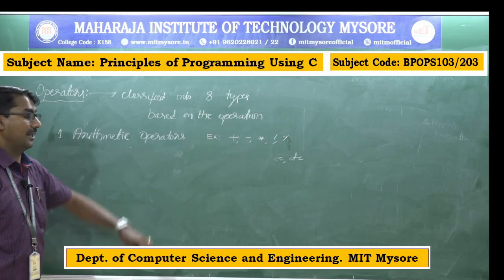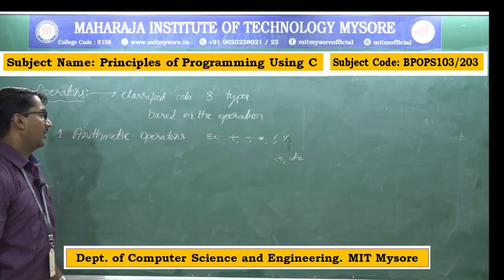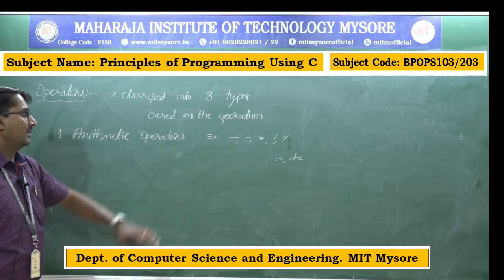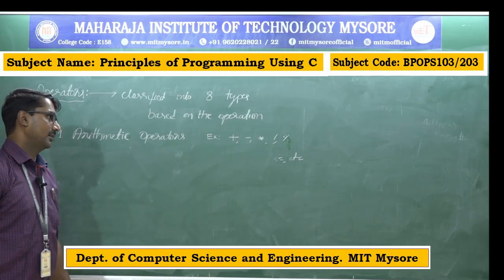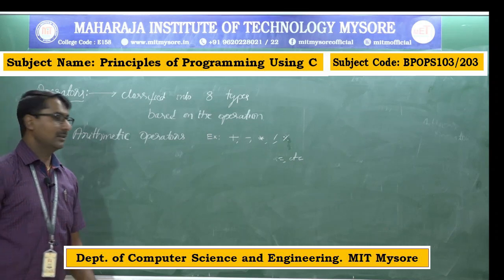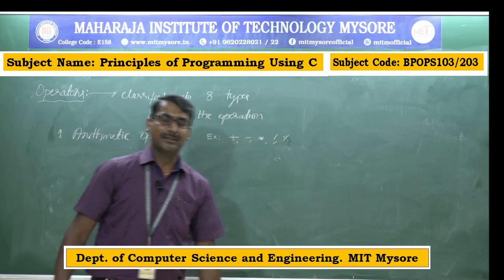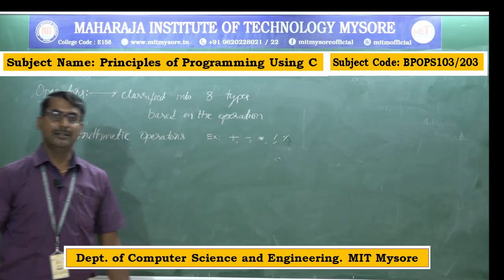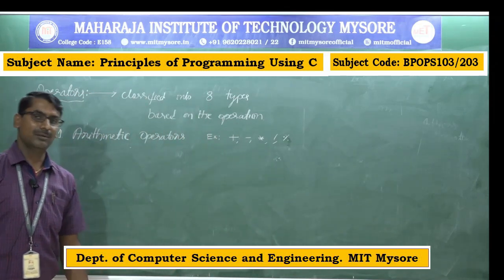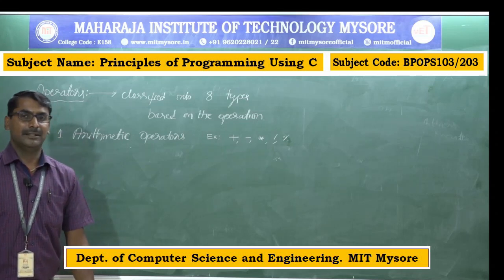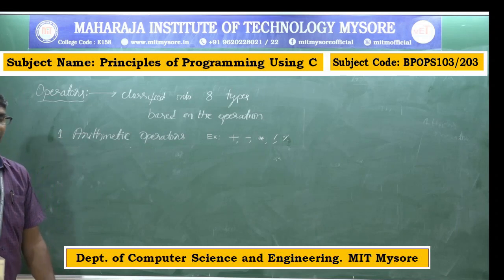These are the basic operators: plus, minus, star, slash and modulus. The arithmetic operations are performed on integer values, floating point values, or a combination of integer and float values.